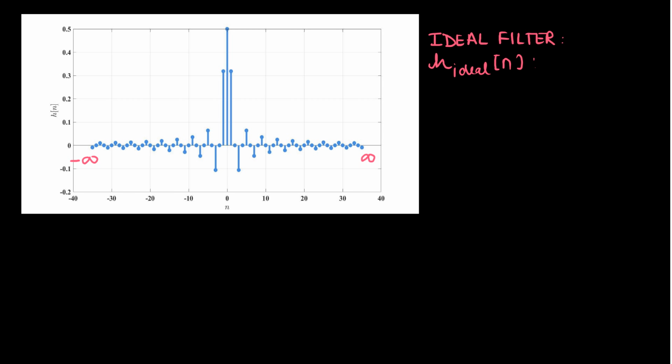We say that this ideal filter ranges from minus infinity to infinity, and hence it is of infinite duration.